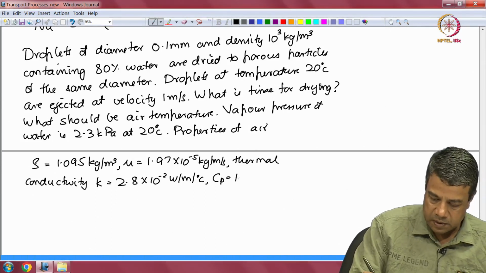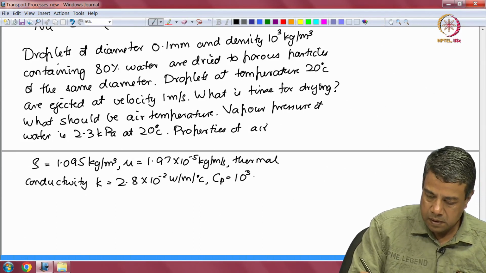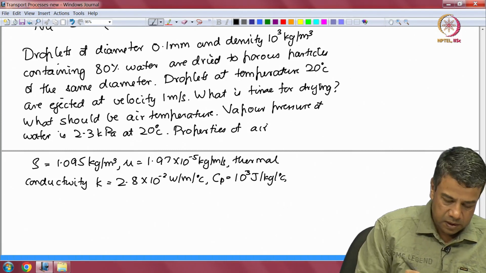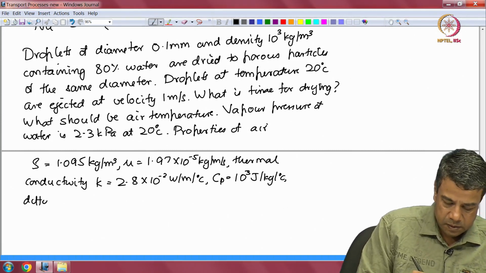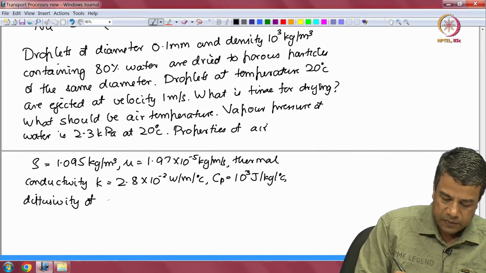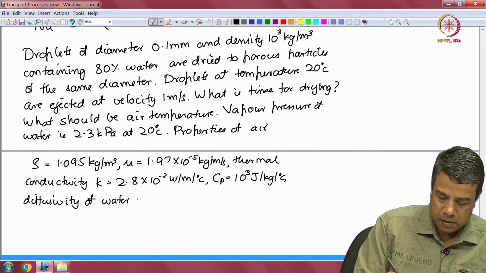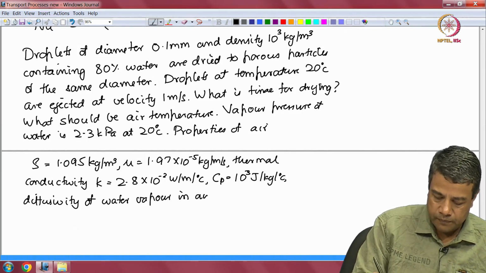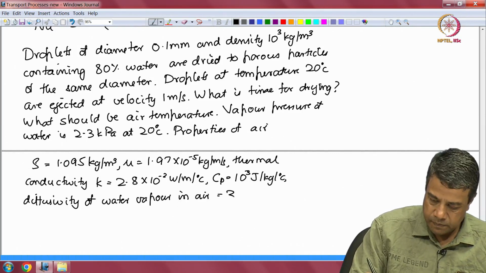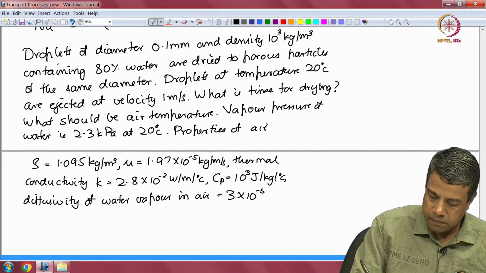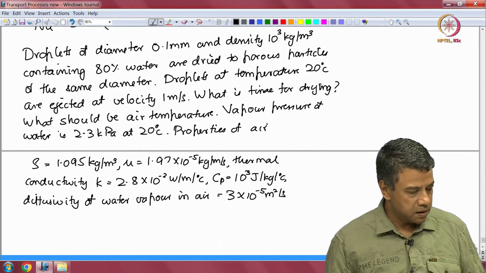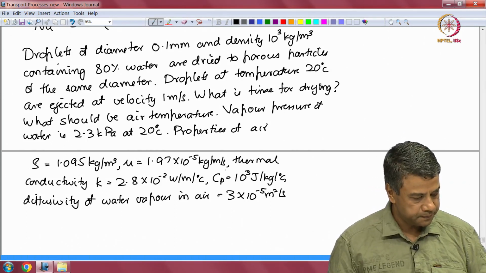Cp is 10 power 3 joules per kg per degree centigrade, and the diffusivity of water vapor in air. So, these are the conditions given.